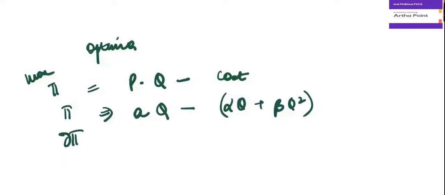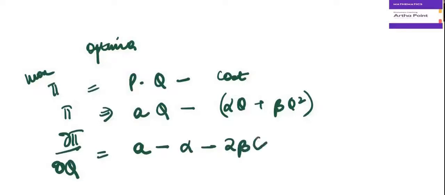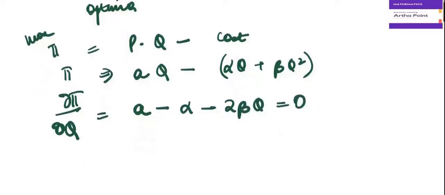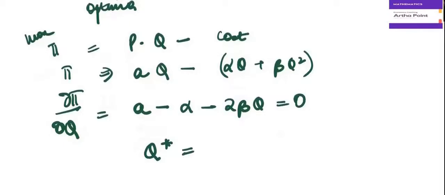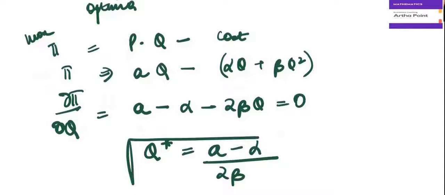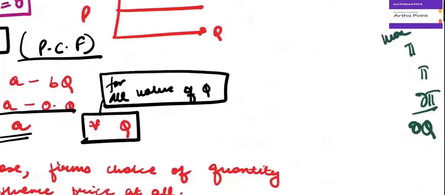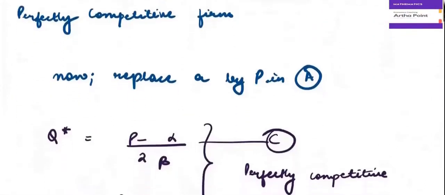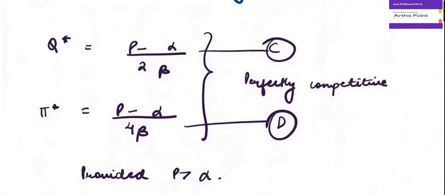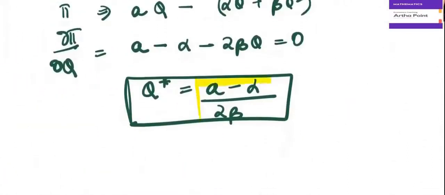So if you maximize your profit with respect to quantity, you will get A minus alpha minus 2 beta Q is equal to 0. So you will get your Q star as A minus alpha by 2 beta. This will be your quantity. If we solve here, you will get A minus alpha by 2 beta. This is what we've got.